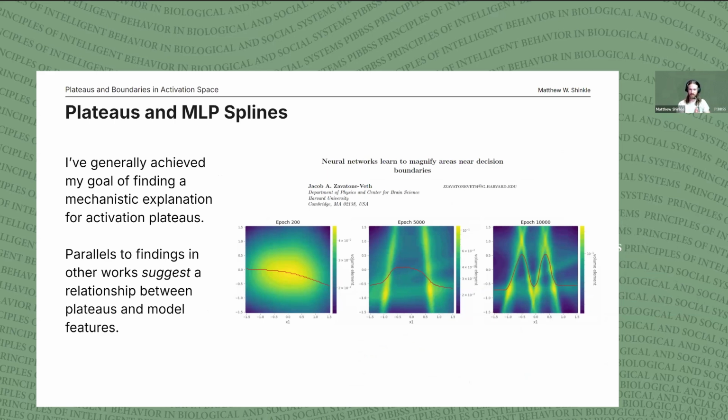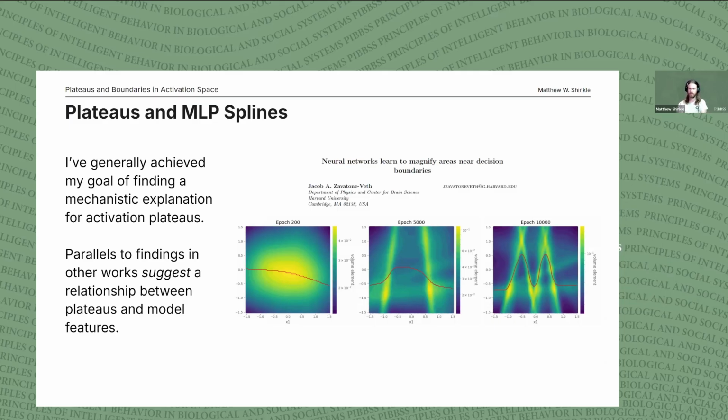So I think I've generally achieved my goal of finding a mechanistic explanation for how activation plateaus actually emerge. Furthermore, these findings connect the plateau phenomenon to other areas of research and open up potential avenues of exploration.